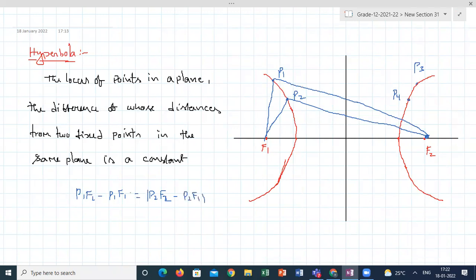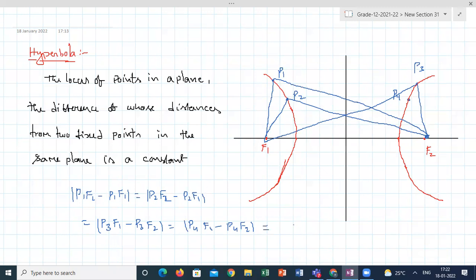So if I'm taking the modulus, whatever the order, it doesn't matter. P3F1 minus P3F2 is equal to P4F1 minus P4F2.